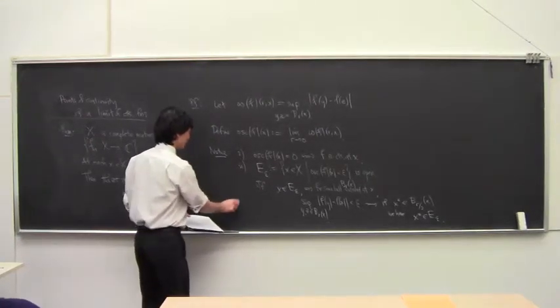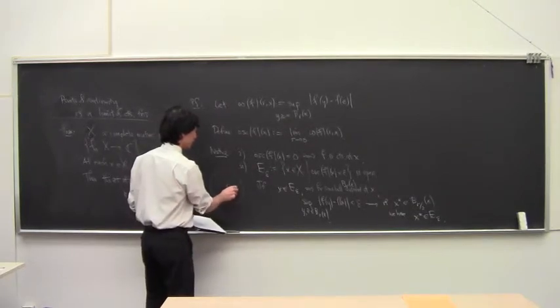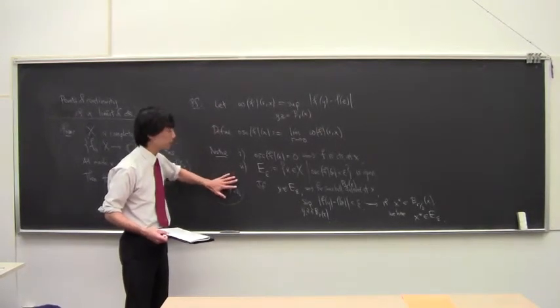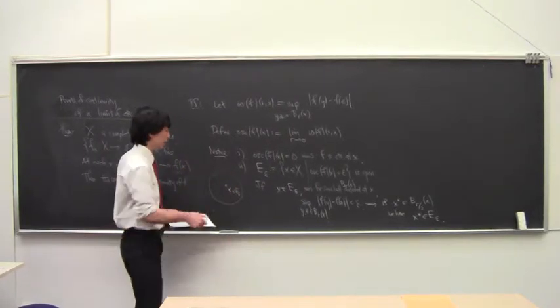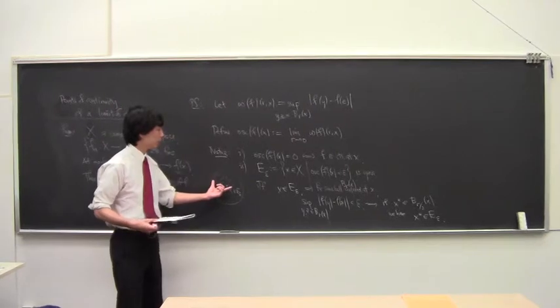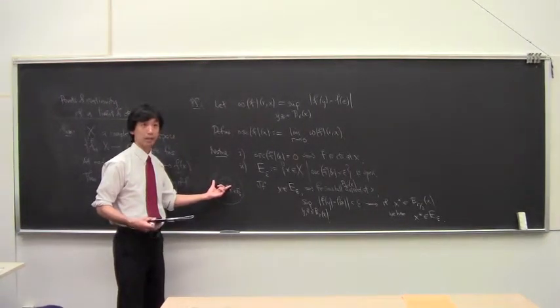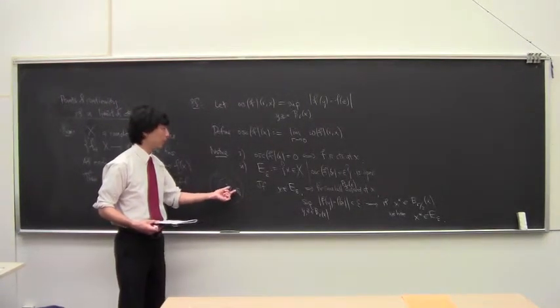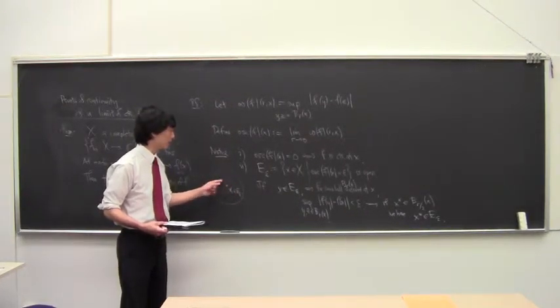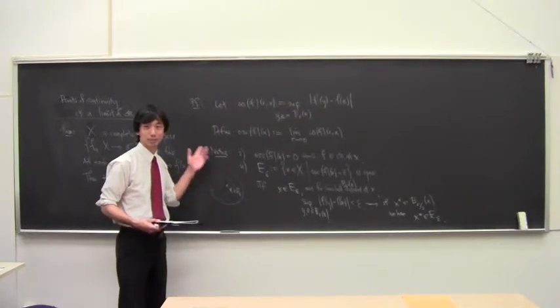Because x lies in E sub epsilon, so the oscillation over the ball is controlled by epsilon. If you take anybody in the half ball, the balls of radius less than r/2 are contained in the ball where the oscillation is controlled by epsilon. So the oscillation at that point is going to be less than epsilon.